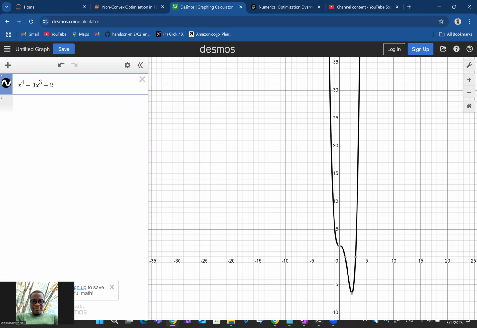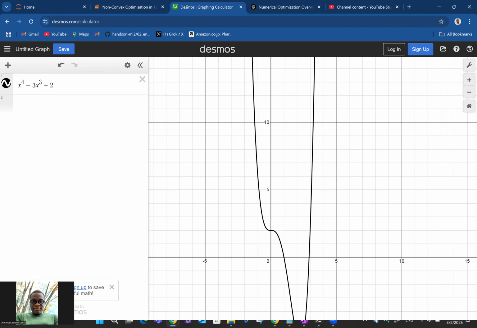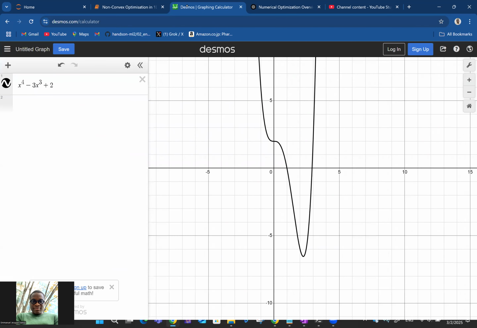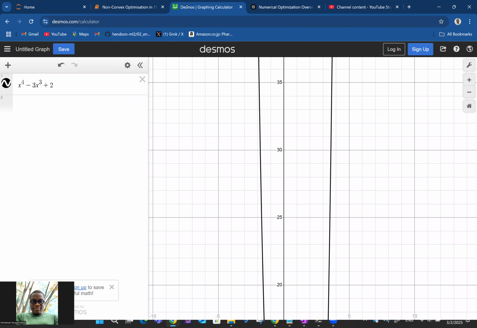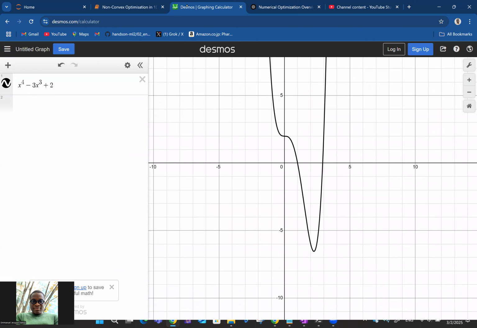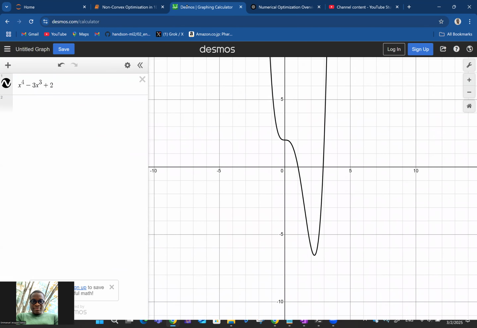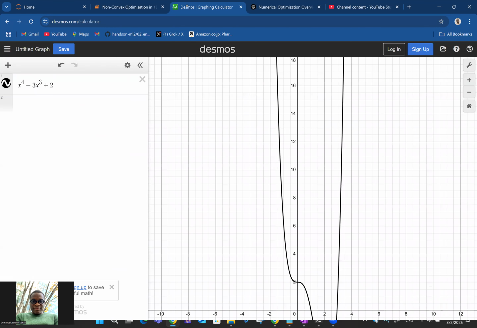So you see what the function looks like: x raised to power 4 minus 3x cubed plus 2. This is what it basically looks like in short.